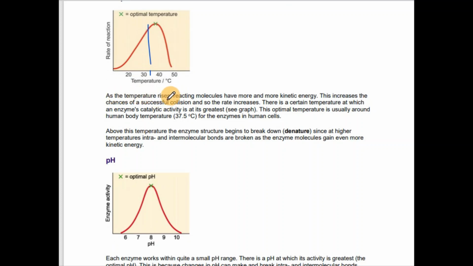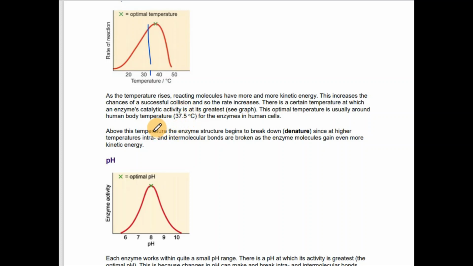So let's look at this. As the temperature rises, the molecules have more and more kinetic energy, and this increases the chance of successful collisions, and so the rate increases. Now, the certain temperature at which the enzyme catalytic activity is greatest is what we call the optimum temperature, which is around 37 degrees Celsius.